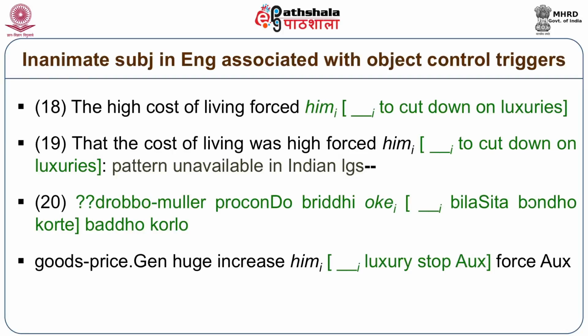Likewise, the upstairs subject can, instead of being an inanimate NP in English, be a clause. Clauses are always inanimate. That the cost of living was high, a clause, forced him to cut down on luxuries. Now, English allows this luxury, if we may put it that way.